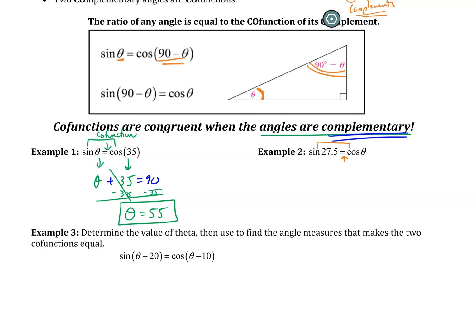That means I can simply take the two angle measures, add them together, and set them equal to 90 degrees. Once I do that, I can subtract so that theta is equal to, if I plug that in, 62.5 degrees.